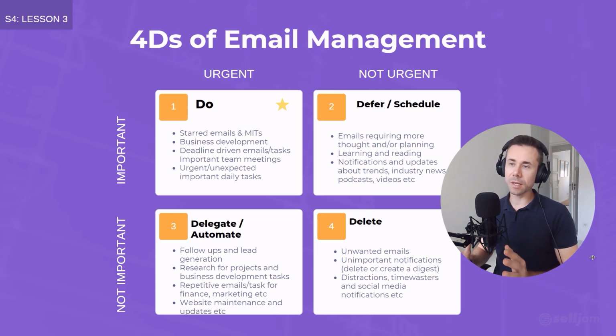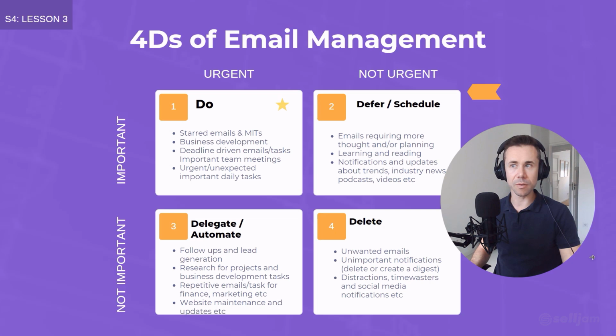So as you're seeing here on the screenshots, they are divided into a quadrant, and each of those quadrants has its own priority. So the first quadrant is the do emails. These are both important and urgent. In the second quadrant, you have the important but not urgent.